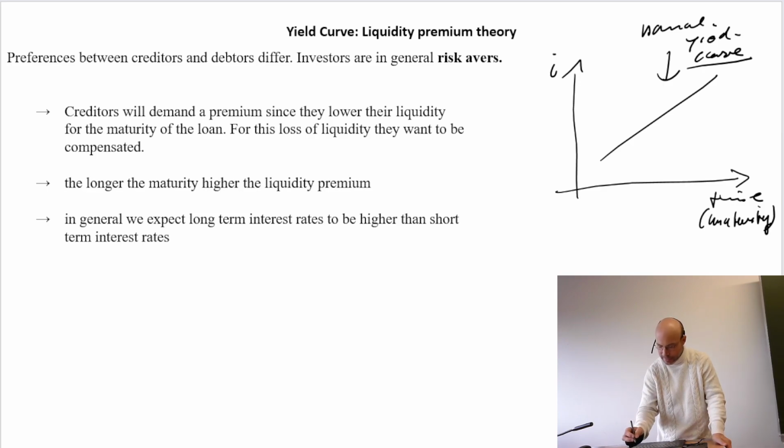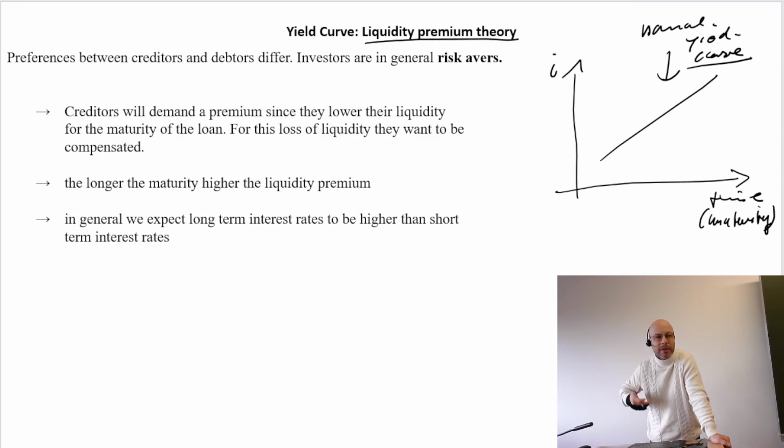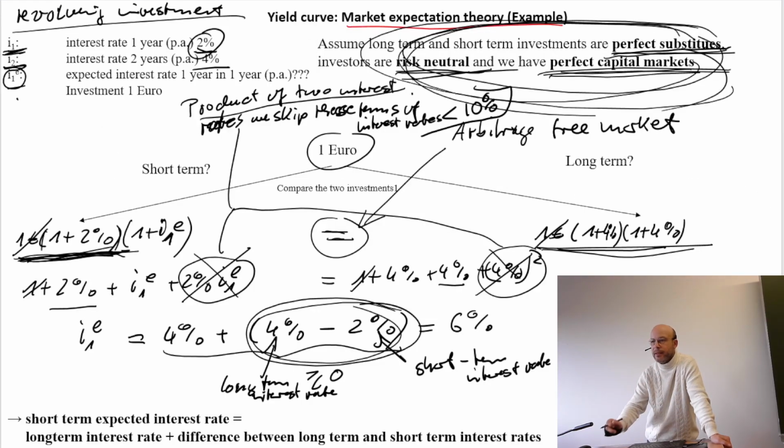And therefore, this is called the liquidity premium theory, because you want to have a premium for giving your money away for a longer time. But of course, this liquidity premium theory we can easily incorporate in the market expectation theory.